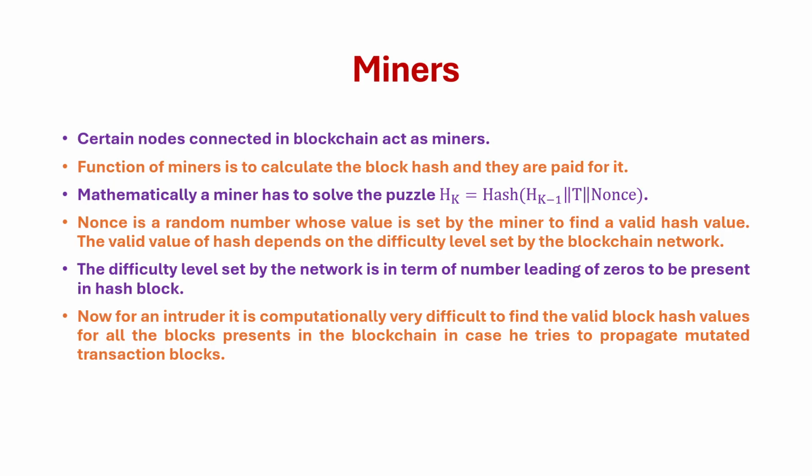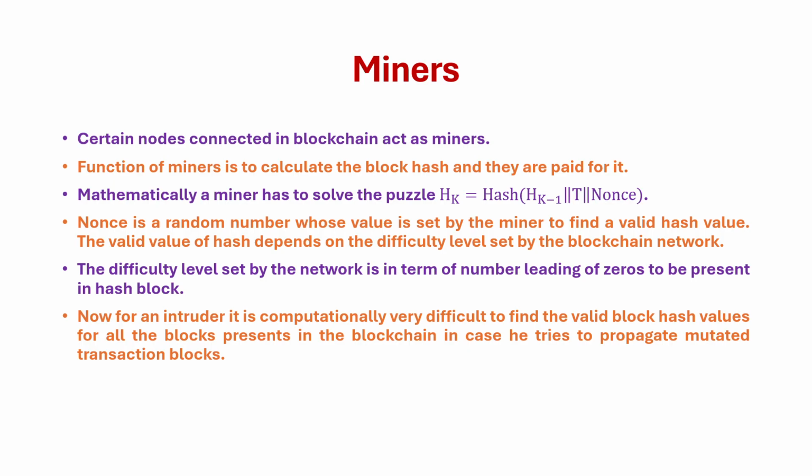Till what number of times is this nonce value changed? It depends on the challenge imposed by the blockchain platform. The blockchain platforms impose a challenge on the miner to find such block hash values that the leading number of zeros are fixed.